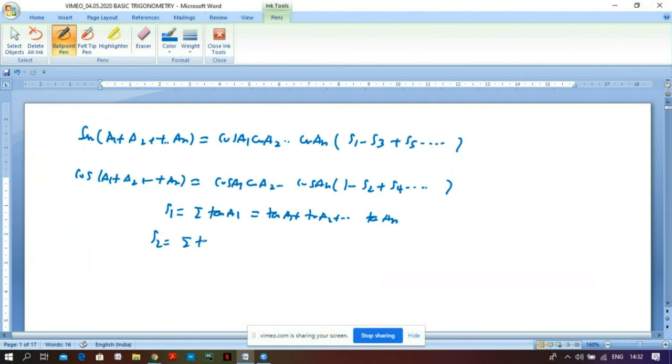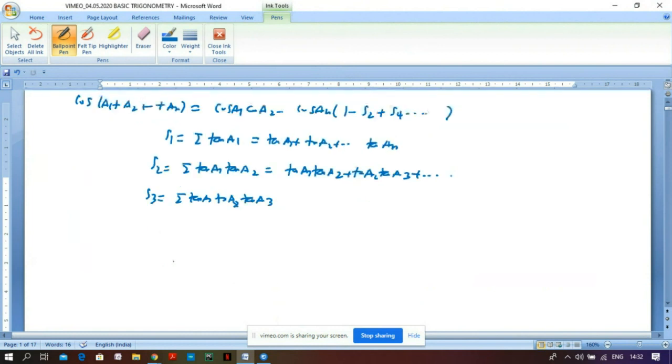S2 is sigma tan a1 tan a2, taken two at a time, that is tan a1 tan a2 plus tan a2 tan a3 and all those terms. Similarly s3 is sigma tan a1 tan a2 tan a3, taken 3 at a time. And in general sk is sigma tan a1 tan a2 ... tan ak, that is the product of these tangents taken k at a time.